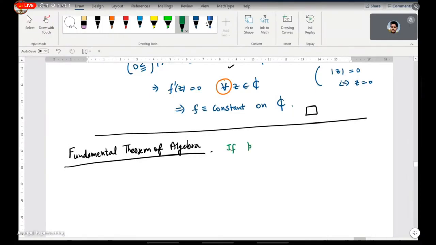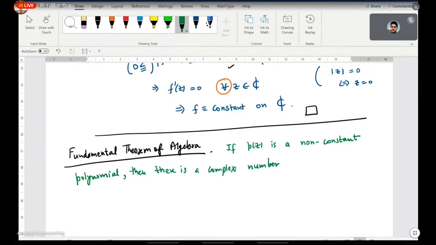So if P(z) is a non-constant polynomial, then there is a complex number a such that the value of P at a will be 0.